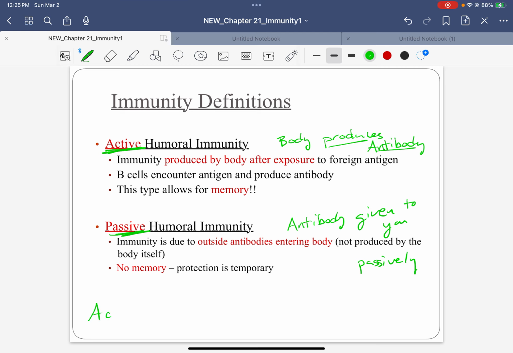So when we're talking about active versus passive, we're talking about the means of antibody production or delivery. How the antibody is produced or delivered.